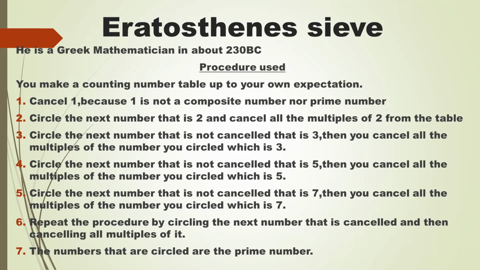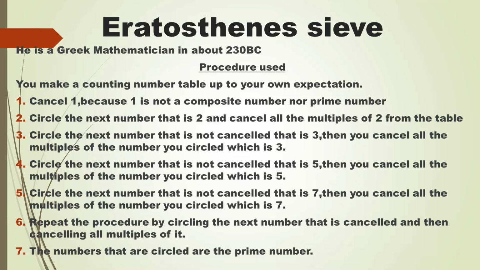Why? Because one is neither a composite number nor a prime number. Per our calculation before, we identified that one can never be a prime number, and it can never be a composite number, because based on the factors listed, it has only one factor.